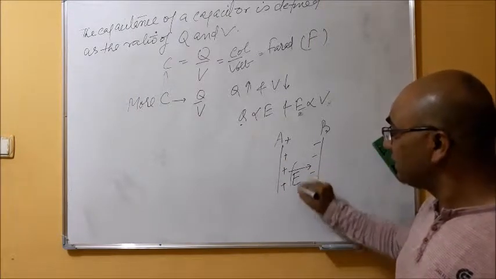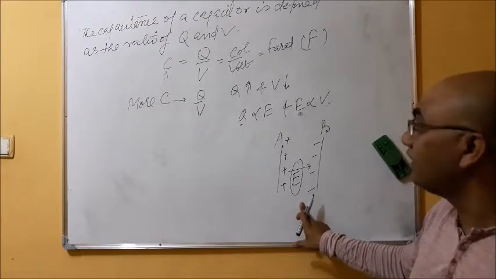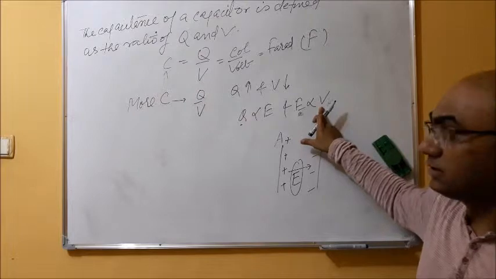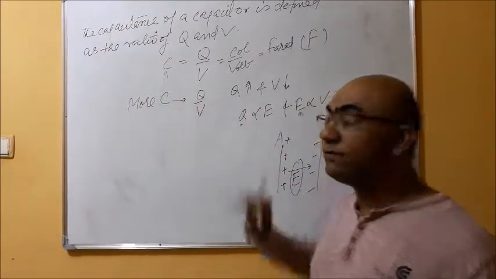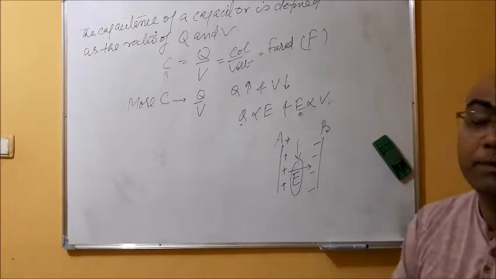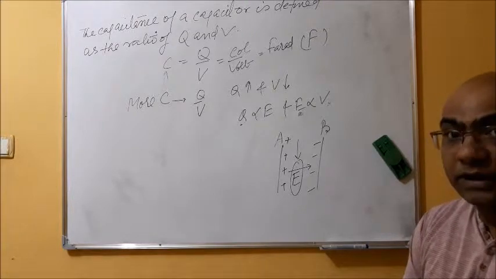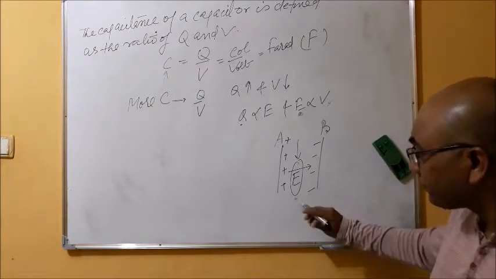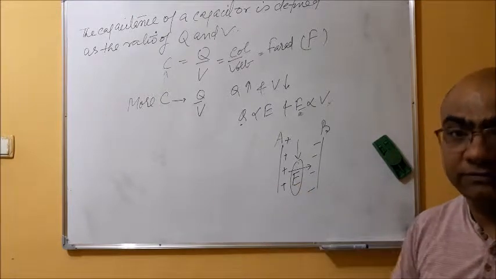So I am increasing the value of electric field, and since I am increasing the electric field, V is also increasing, and hence the increase of the value of capacitance will depend on the value of electric field between these two surfaces A and B.